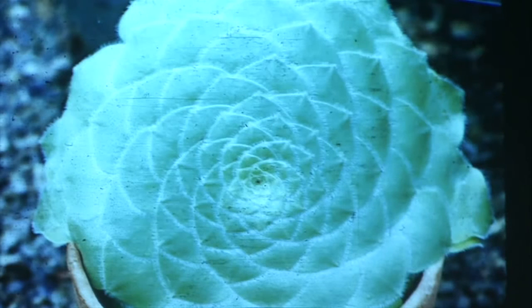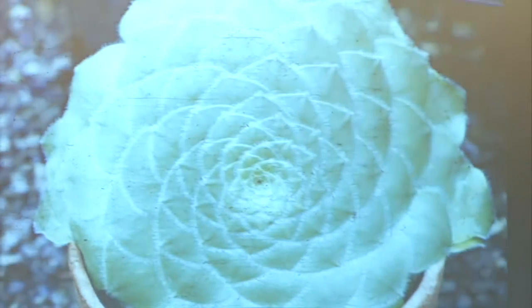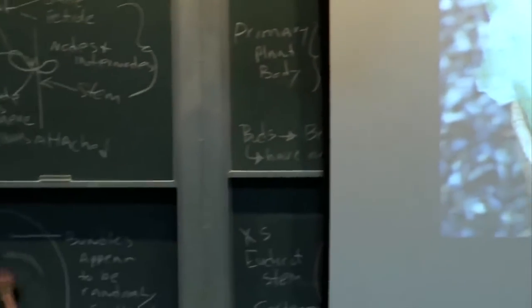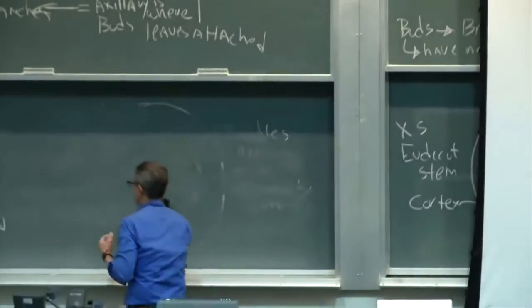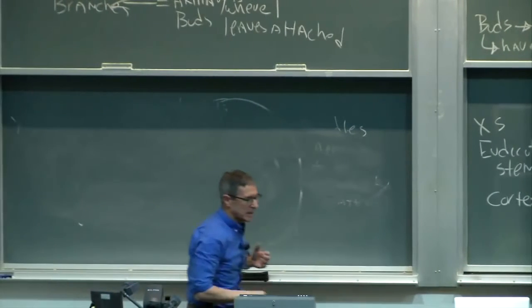Now, people have been very interested in studying these particular tissues, and what I would like to do is, first of all, to show you what was one of the first observations or conclusions that were made from studying shoot apices and asking about the arrangement of the leaves.